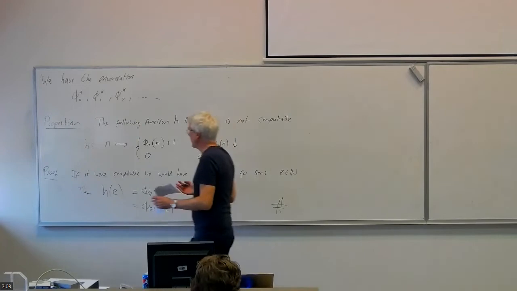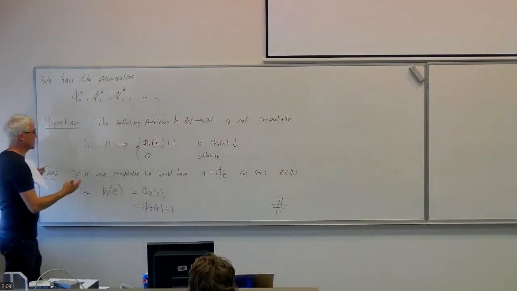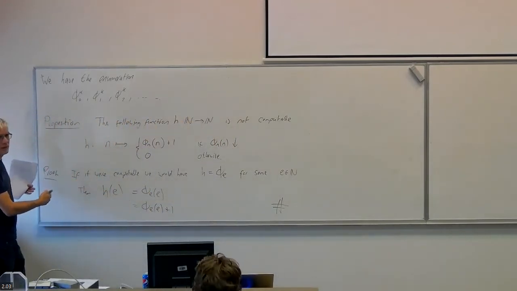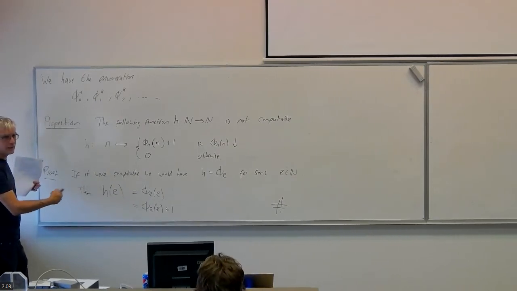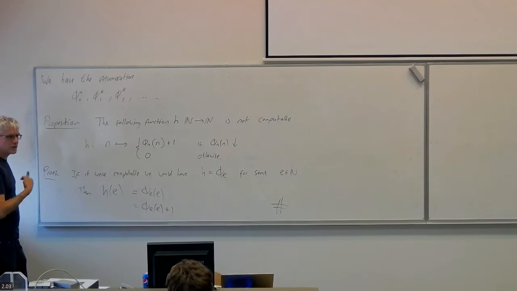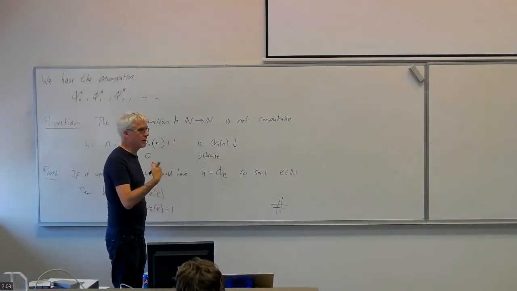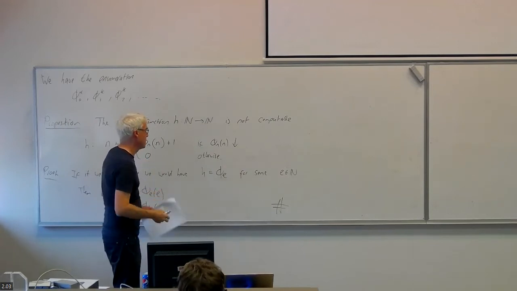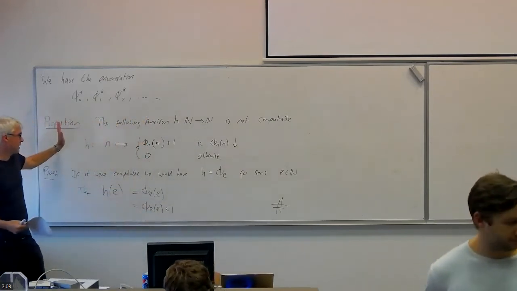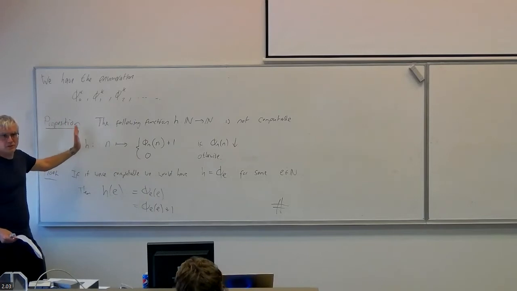So actually, you may have noticed that the argument so far is following lecture 2, doing analogous things using numbers. In lecture 2, the first thing we did was we encoded Turing machines as strings. Now we've analogously encoded computable partial functions as numbers. That was our enumeration.